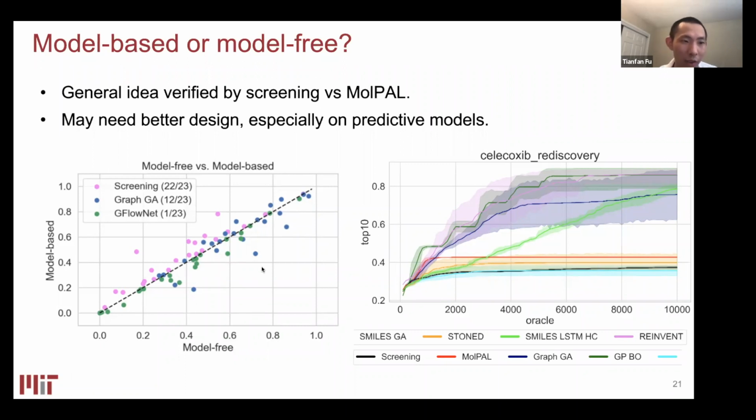So we conclude that we may need better design for model-based methods, especially on predictive models.